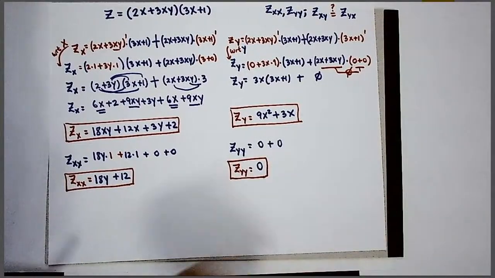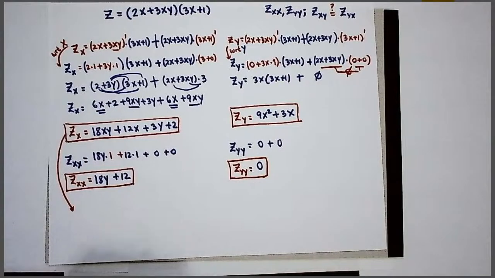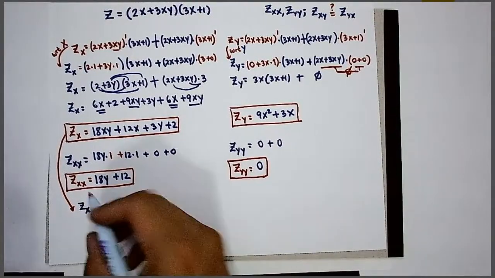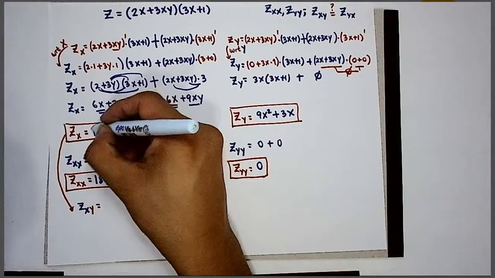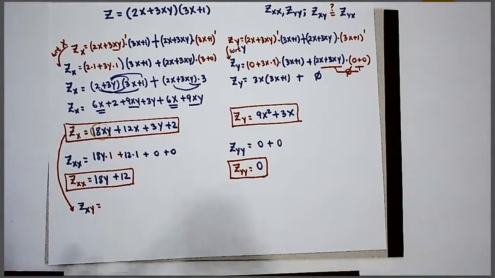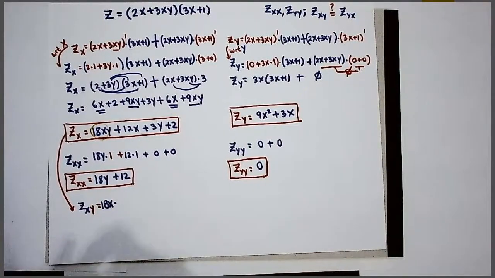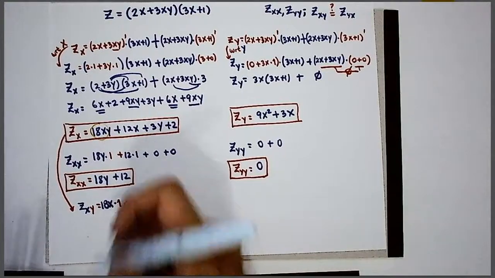Now let's continue with the cross partials. Because we already took the derivative with respect to x, now we need to take the derivative with respect to y. In the case of the first term, the constant part is 18x times the derivative of y with respect to y, which is 1, plus.